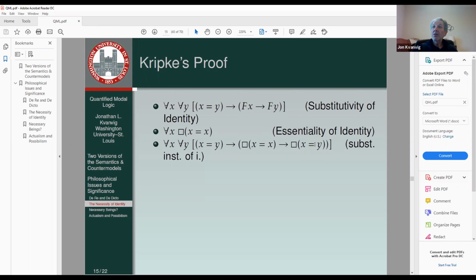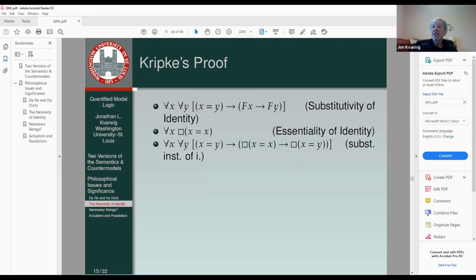So notice we put in the same string of symbols. I'm trying to highlight the box, the open parentheses, the x, and then the identity symbol. I put that in the same position in place of f, both here and here.